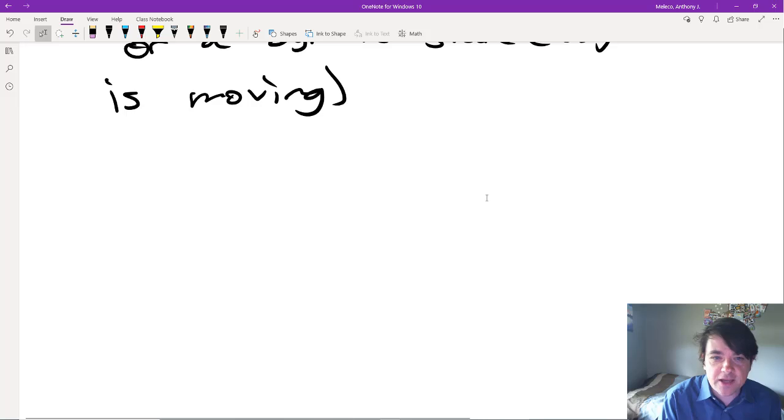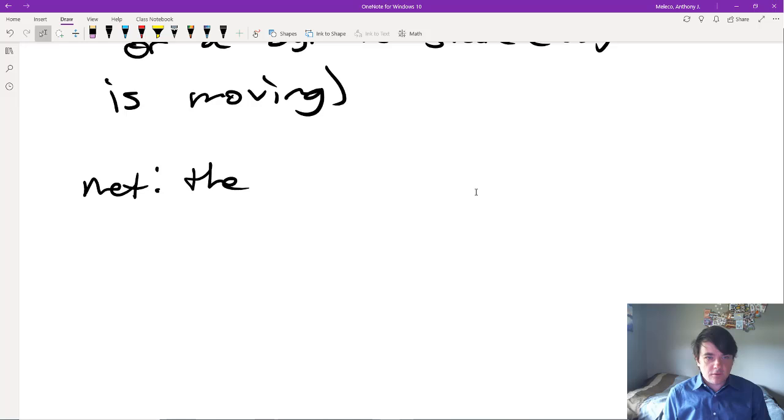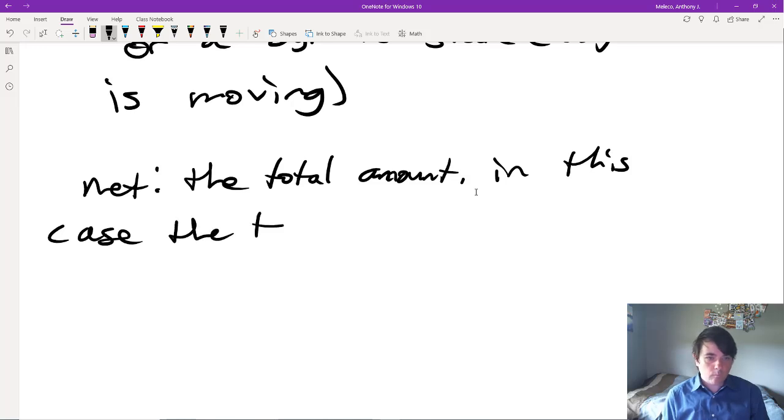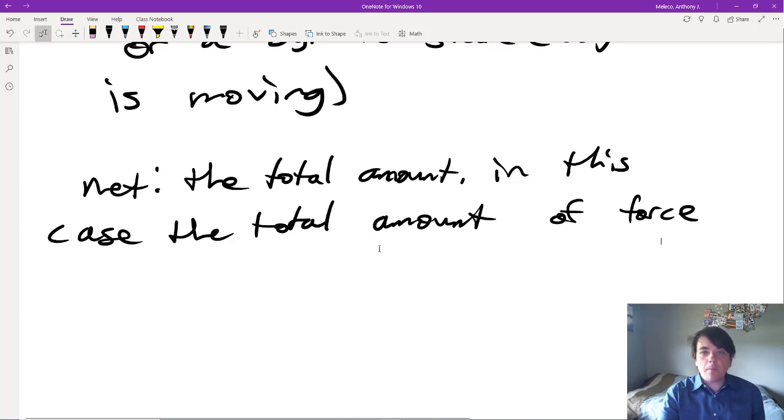Now let's define net. What net means is the total amount, in this case referring to forces. So the total amount of force, the sum of the forces.